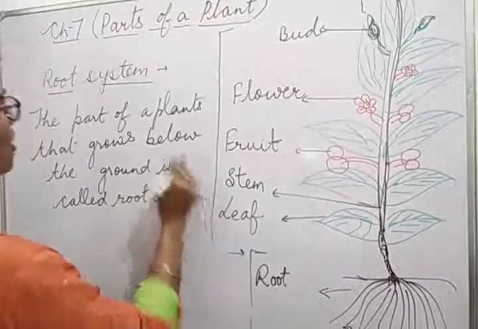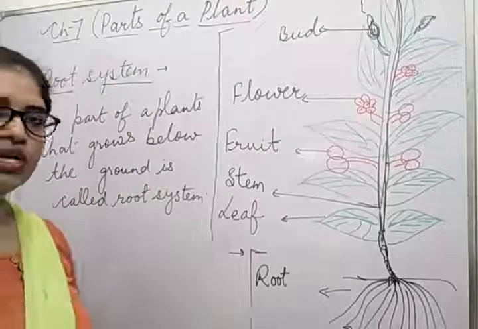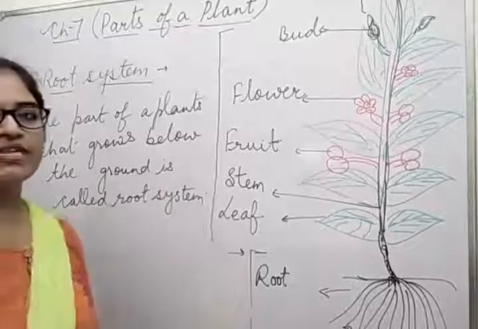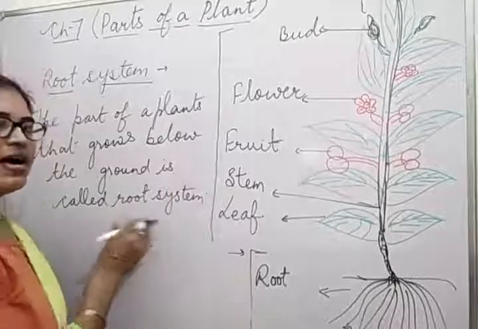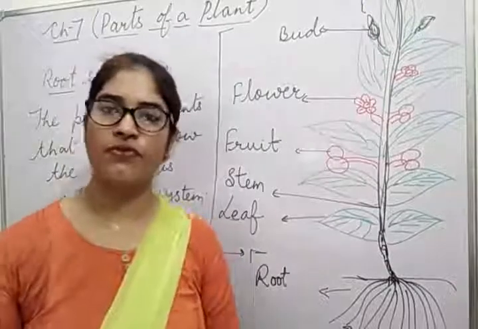Okay, what is root system, beta? The part of the plant which grows below the ground, below the surface of the earth, is called root system. And root system is basically of two types.